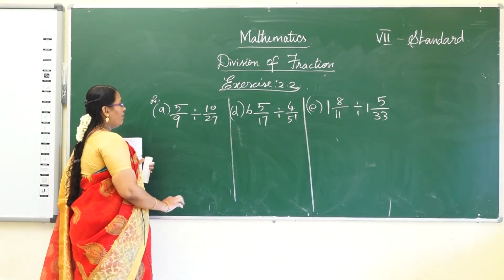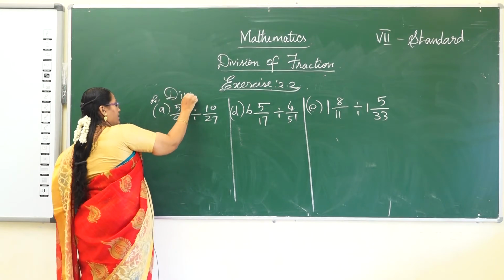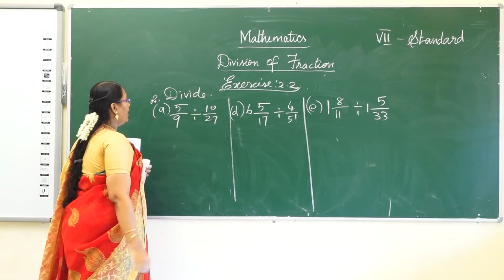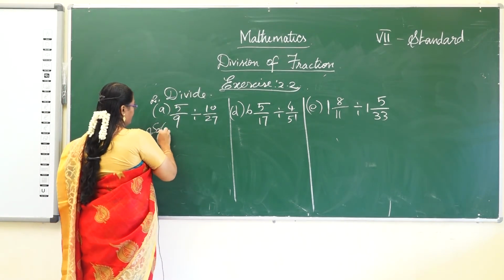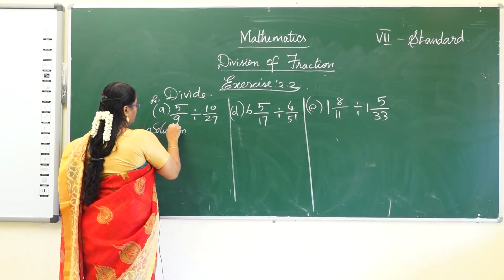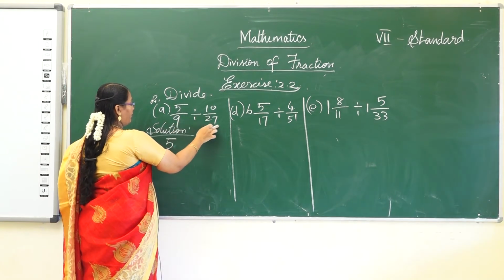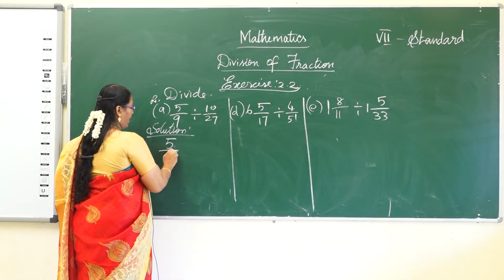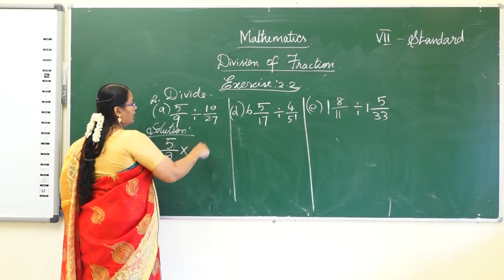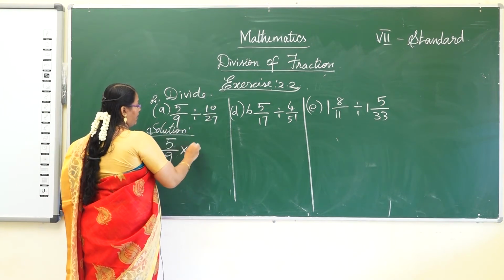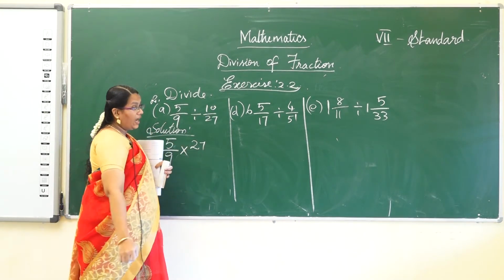See, divide. What is given? A fraction divided by a fraction. How do we divide this? We multiply the fraction by the reciprocal of the other fraction.